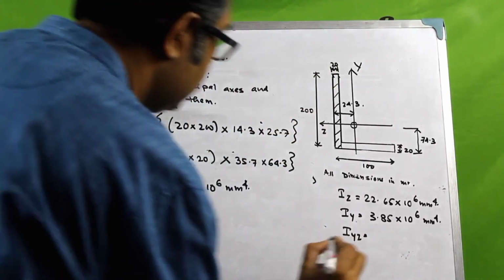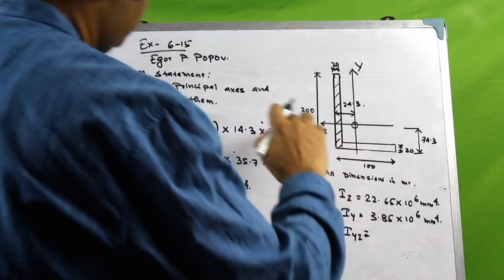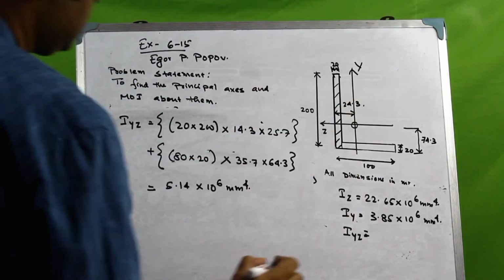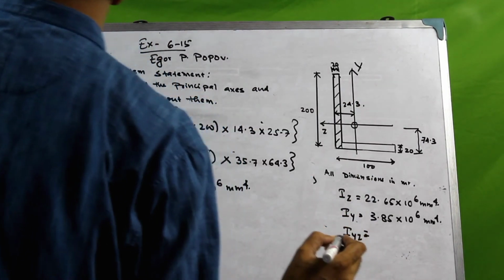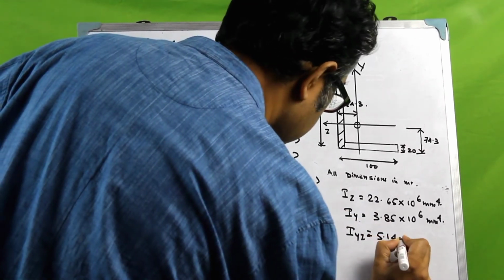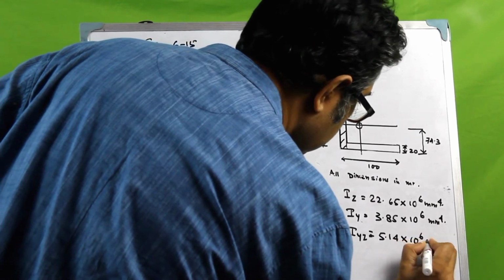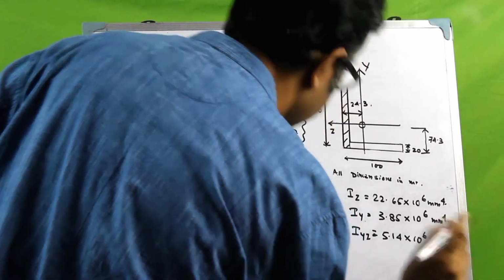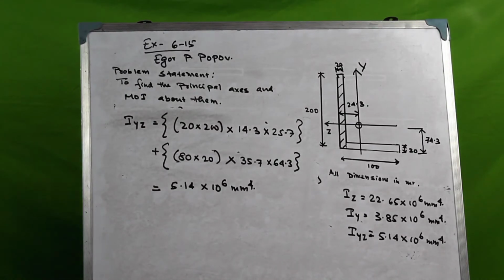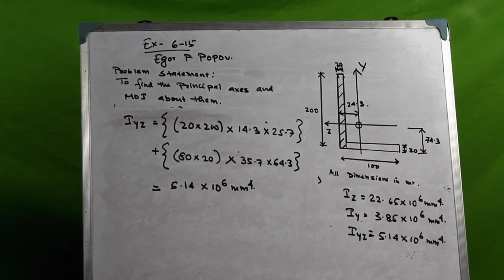Okay, now let us record this value here. So we have calculated the moment of inertia about z-axis, about y-axis, and for this axis system we have calculated the product of inertia as now. The next thing that we want to do is to calculate the principal moment of inertia, right?